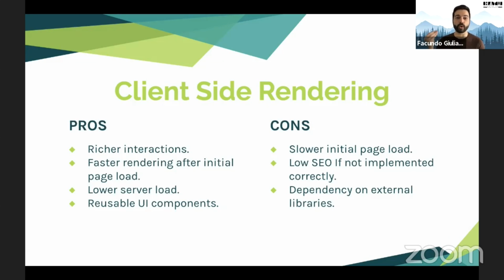So if a robot from Google requests our application, we won't have the HTML generated and not all the content will be available to be analyzed. Nowadays, Google and Bing support JavaScript rendering, but it's not as optimal as server-side rendering.